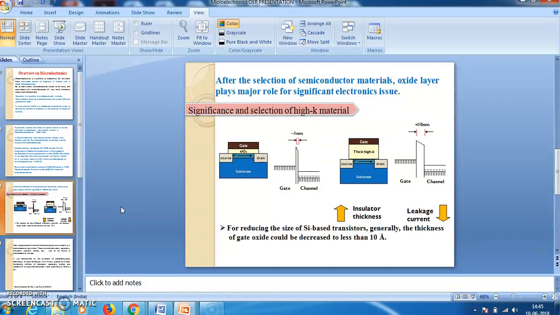Finally, they developed very good, attractive stacks of hafnium oxide and silicon for microelectronic devices. This is the first part of the overview of microelectronics. Then in the second part, we will discuss the interface engineering of high-K material and semiconductor substrate.